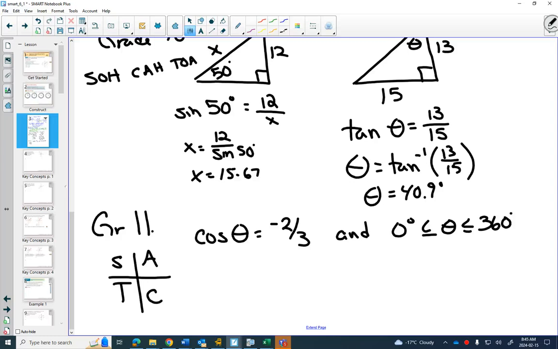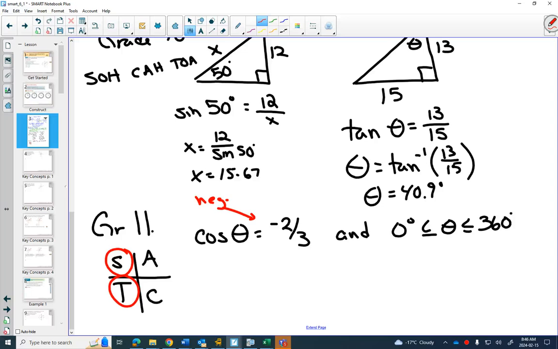So in the cast rule, for this question, we notice that cos is negative. And since it's negative, it has to be in quadrants 2 or 3. Because the cast rule is just a place to tell where your trig ratios were positive. The A says all of them are positive. The S says only sine is positive in quadrant 2. Tangent and cosine are going to be negative.